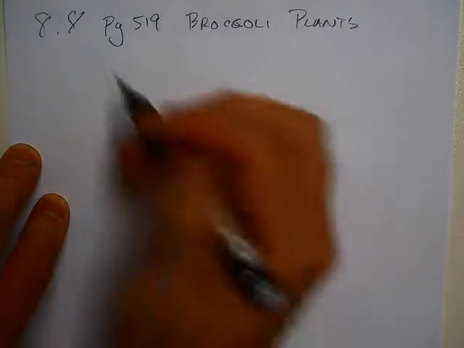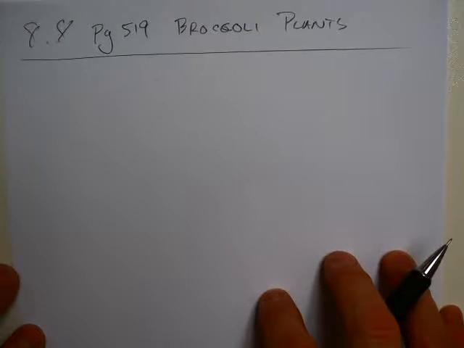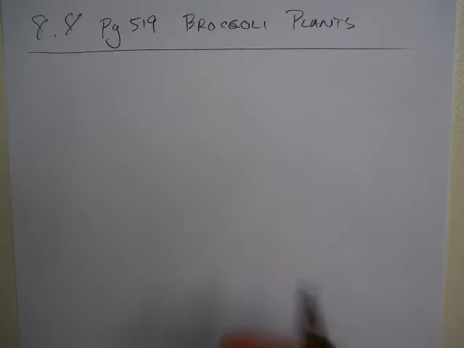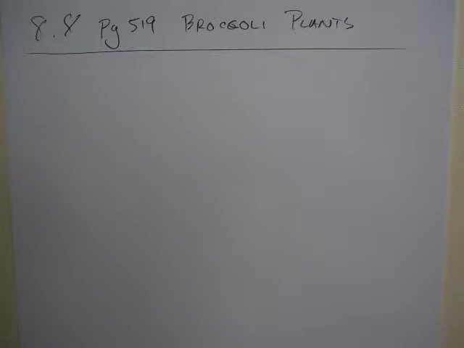And I can think of no plant I would less like to study. But here it is. So it says, suppose you purchase a bundle of 10 bare root broccoli plants. That would never happen in my house. The sales clerk tells you that on average you can expect 5% of the plants to die before producing any broccoli. Assume that the bundle is a random sample of plants.